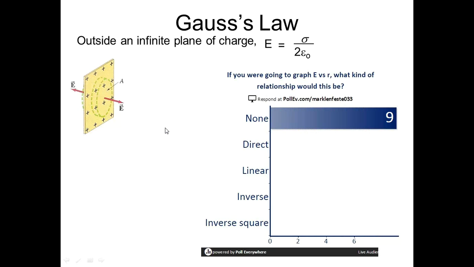Okay. So if you think back, we've already done some activities here. Remember, we're comparing the gravitational field here on Earth to the electric field for an infinite plane. And we said it would be constant. Then we did a lab to prove that it was a constant.